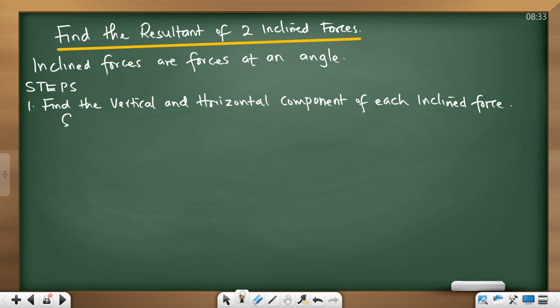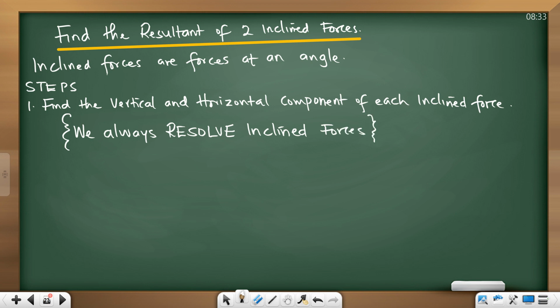I want you to write something for me. We always resolve. This is called resolving. So in case you hear the word, we always resolve inclined forces, because we are going to do Newton's laws and we are going to bring this back in.